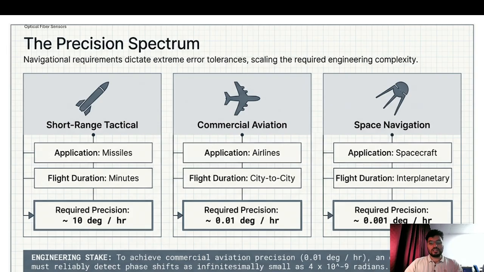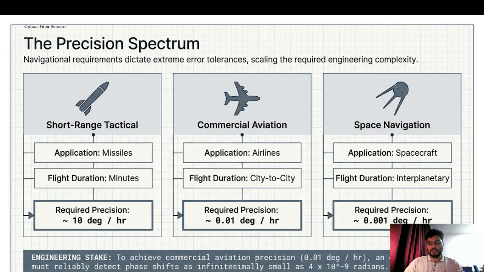Similarly, for commercial aviation, an airline flight lasting a few hours, the precision required is 0.01 degree per hour.